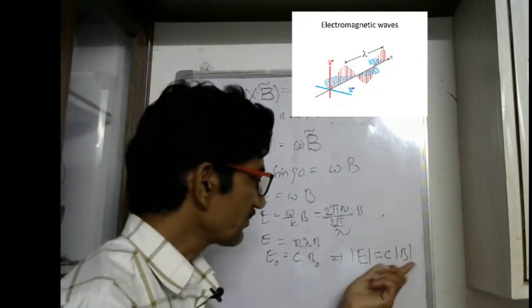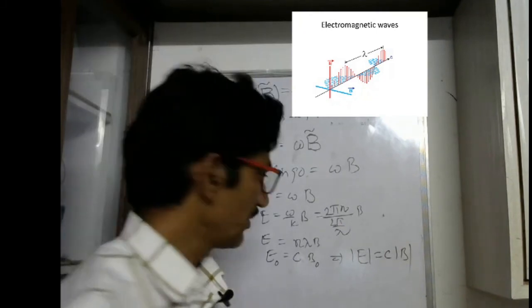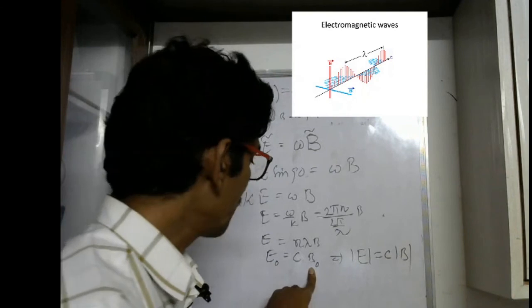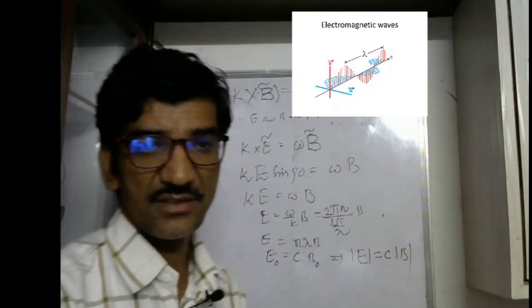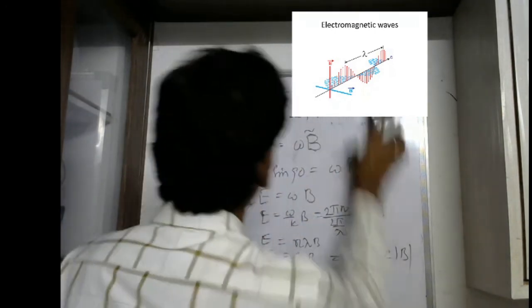So magnitudes of E and B are related with this equation. You may write B naught in the second plane wave solution as E naught by C. Then what will be your solutions? I will write here.